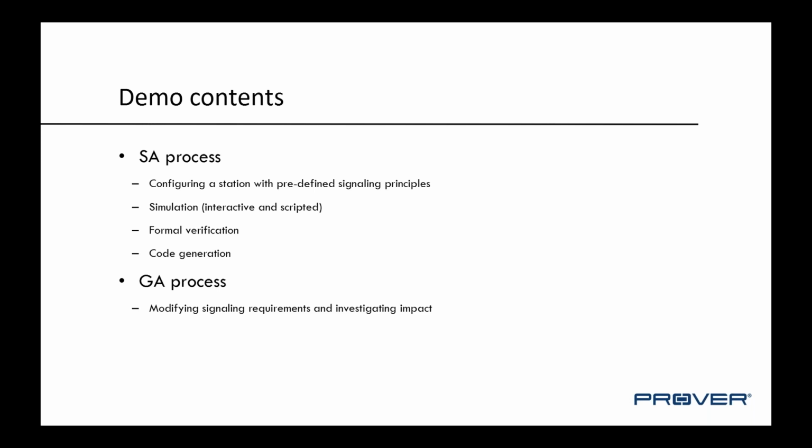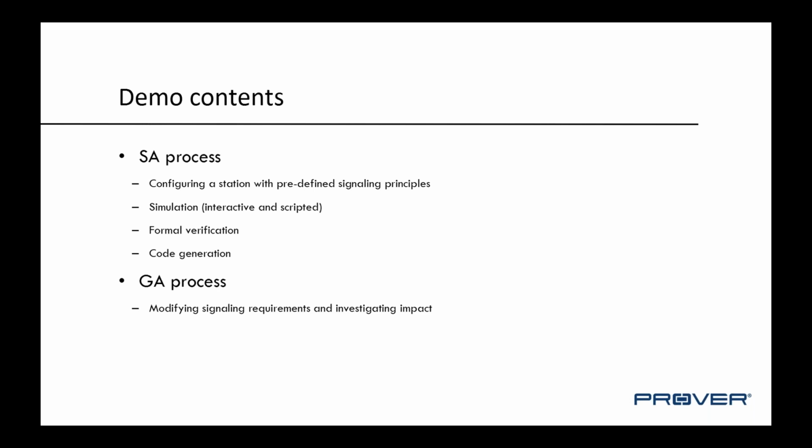We will then instantiate these requirements based on the configuration and demonstrate how simulation can test the functionality of the system. We will apply the formal verification to prove the safety of the system, and we will look briefly at how you can generate code to execute on a safe computer in the field, basically.